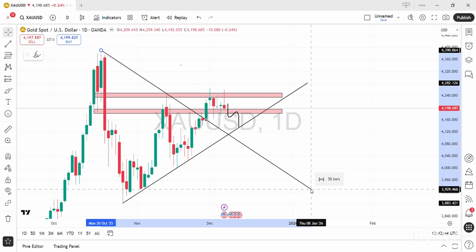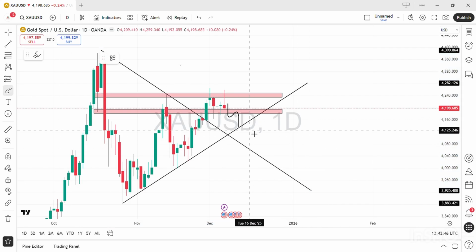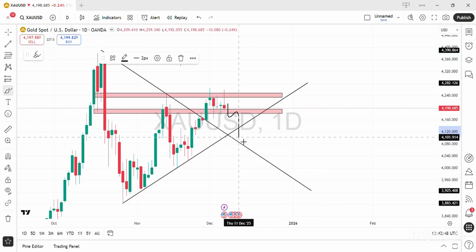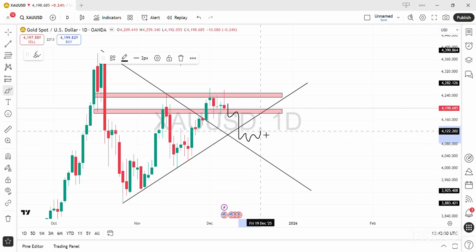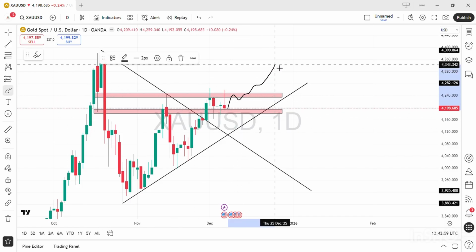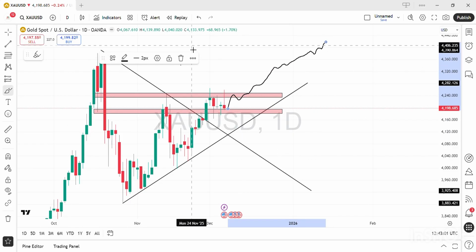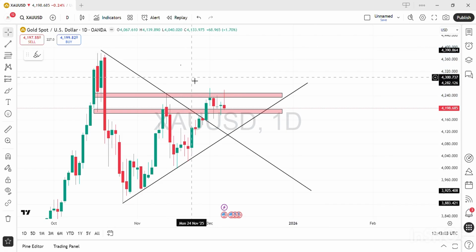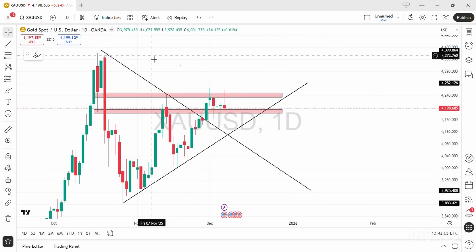So both scenarios are positive right now, but for me the bullish momentum is strong as the new year is coming, and in the new year the gold tries to move to higher highs due to its demand.